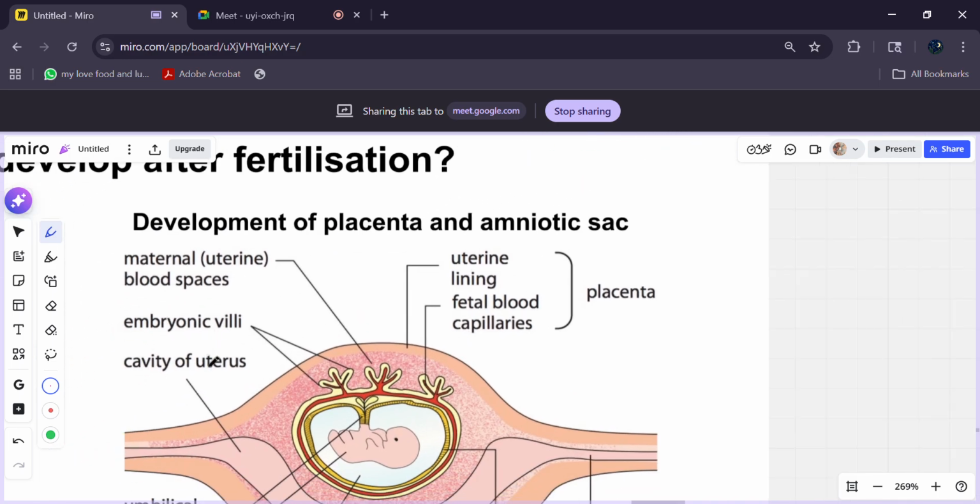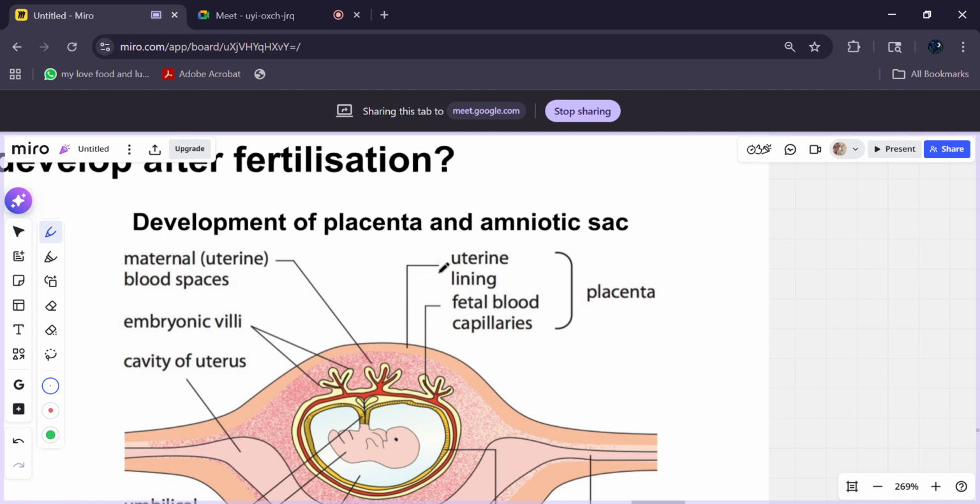Now, the development of the placenta and the amniotic sac. Soon after implantation, finger-like projections called villi begin to grow from the embryo into the uterine lining, and they contain blood capillaries of the embryo.